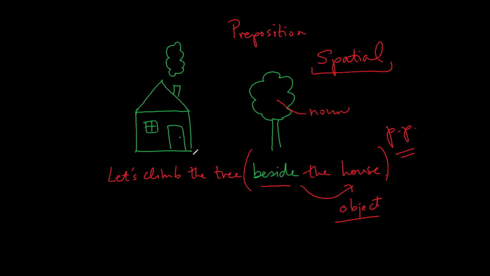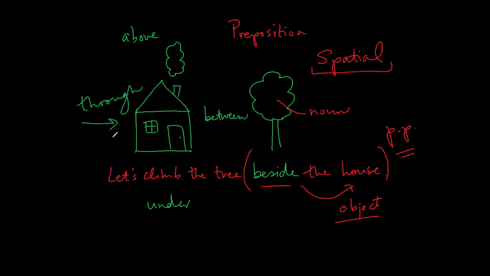So you could use prepositions such as, let's just change our color here, you could say between these two things. You could say above, you could say under, you could go right through the house and get to the tree.